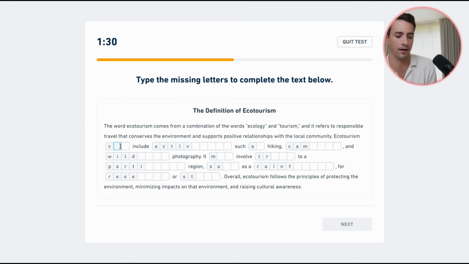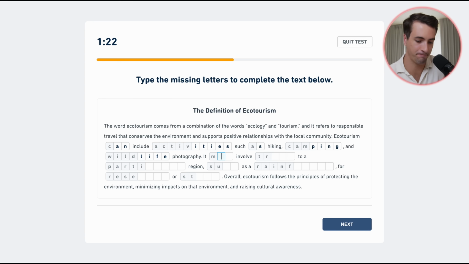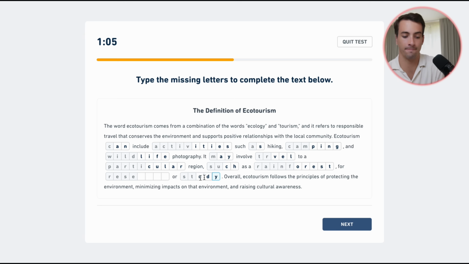Ecotourism can include activities such as hiking, camping, and wildlife photography. It may involve travel to a particular region, such as a rainforest, for, I'll come back to this word, or study.